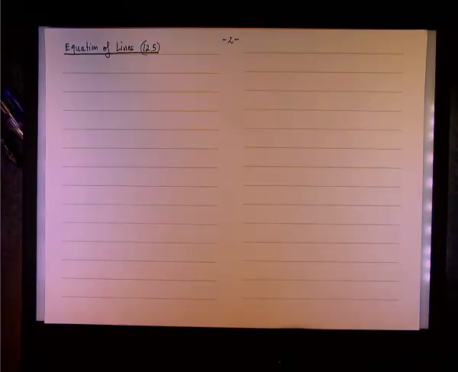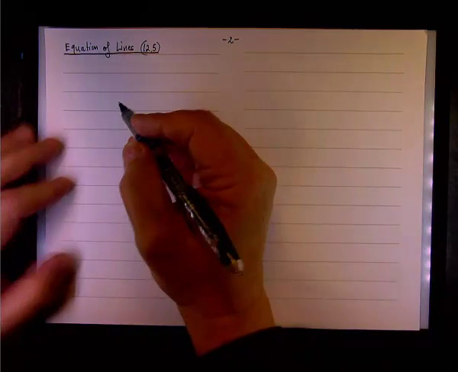For instance, the point 3, 4, 5 in space, where x equals 3, y equals 4, and z equals 5. I can say that this point corresponds to the position vector 3i plus 4j plus 5k, right? This is a vector from the origin.